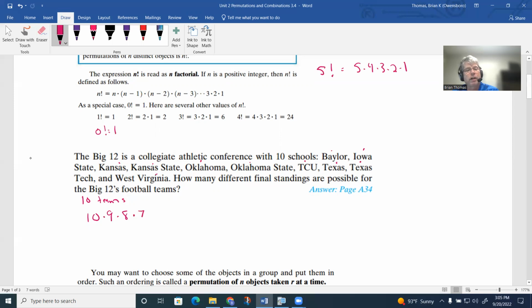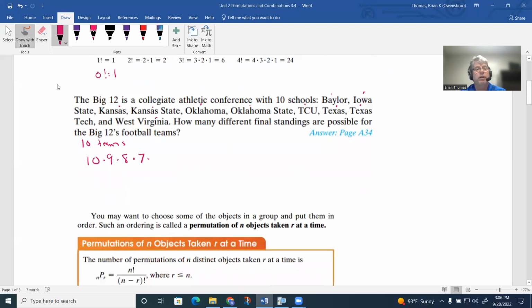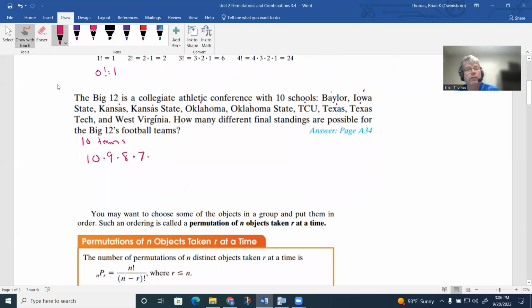And that kind of counts down, times 7, times 6, times 5. I'm sorry, it looks like I jumped the gun there. Let me try that again. So 10 times 9 times 8 times 7 times 6 times 5 times 4 times 3 times 2 times 1.